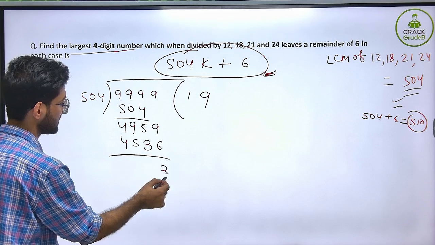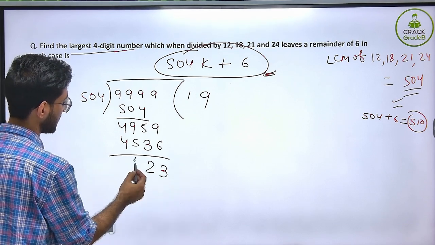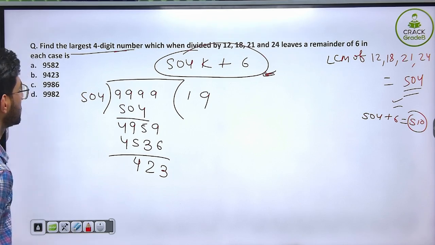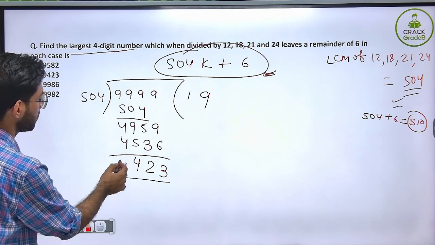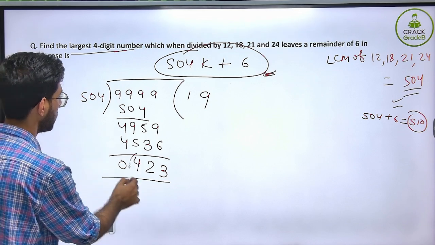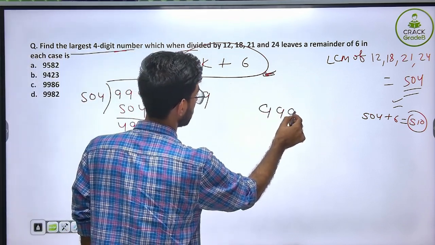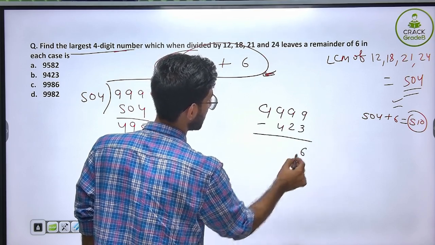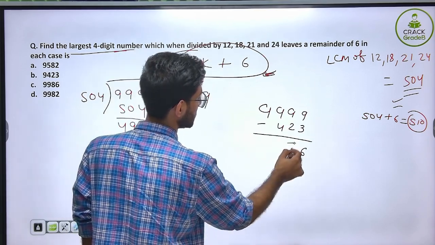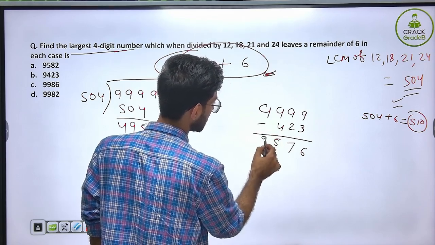So 9 minus 6 is 3, 5 minus 3 is 2, 9 minus 5 is 4, 4 minus 4 is 0. So 4, 2, 3 means if you subtract 423 from this number, you will get 9 minus 3 as 6, 9 minus 2 as 7, 9 minus 4 is 5, and obviously 9.